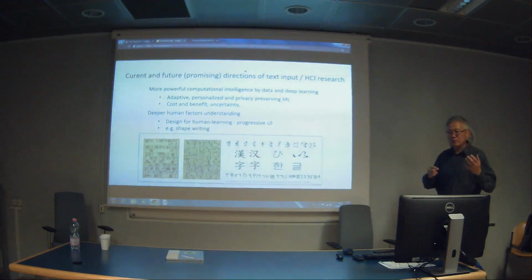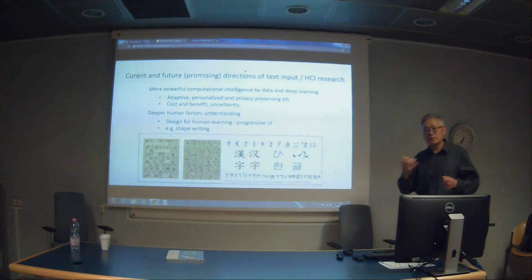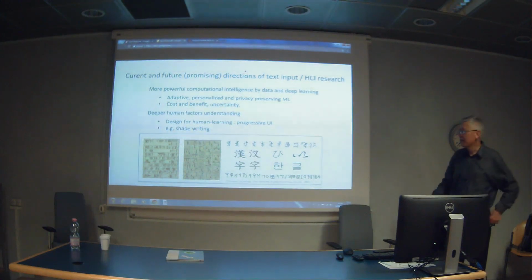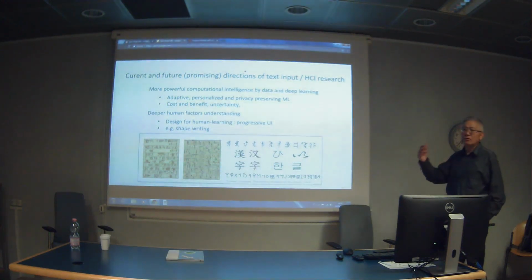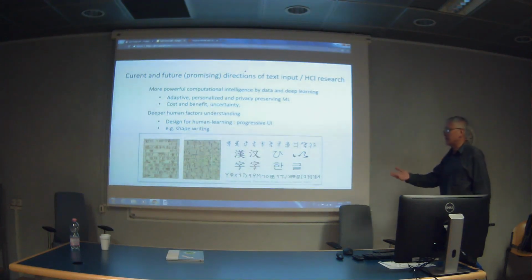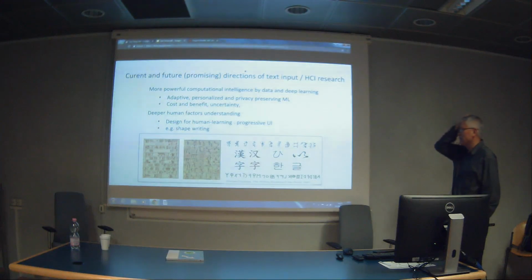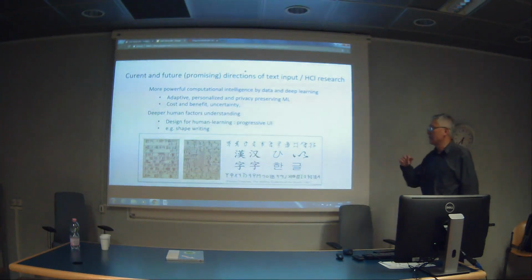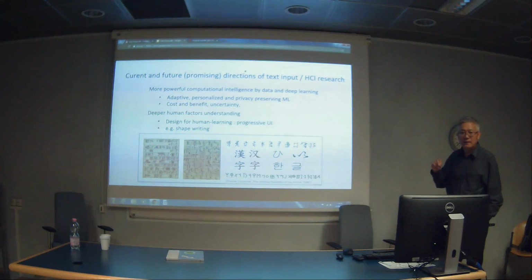But there we tried very hard to minimize the distraction, so that it only predicts when it has very high confidence. But this is still a question to be answered by either better technology development, so we reduce the uncertainty, or by understanding when we should predict and when we should not. The other is deeper human factors research that gives us more insight about how humans behave, and we can leverage that. And one of the directions, again, is the original vision of shape writing that we'll continue to pursue.